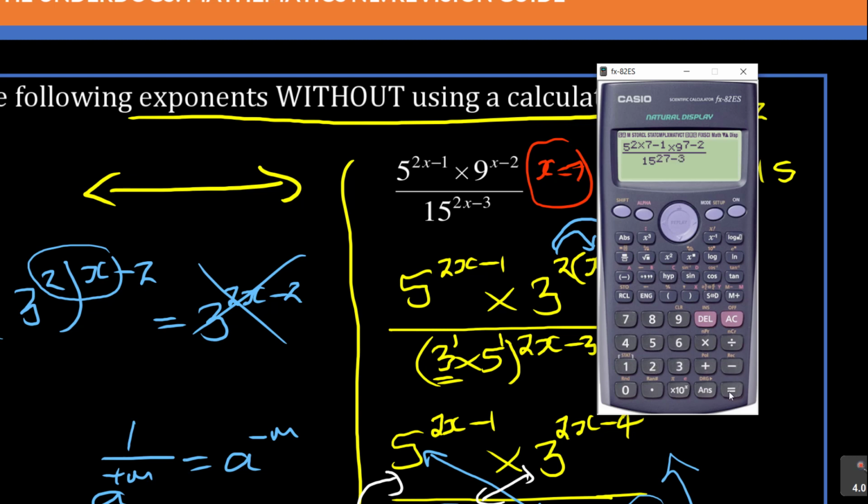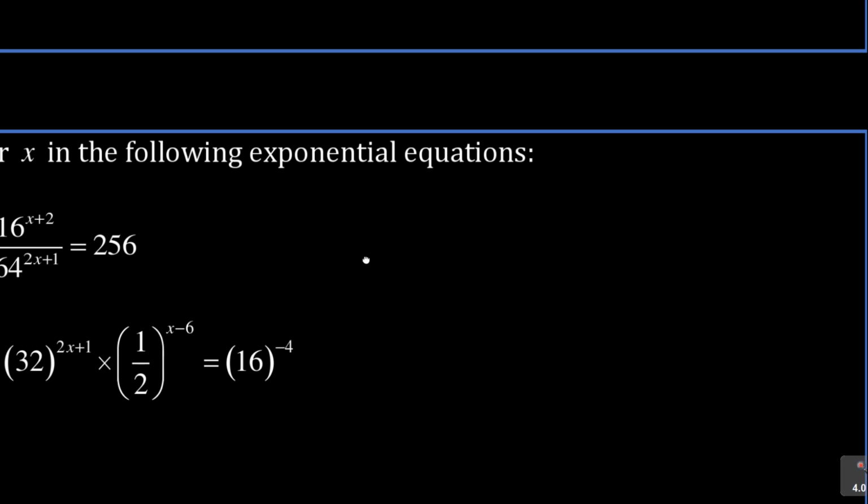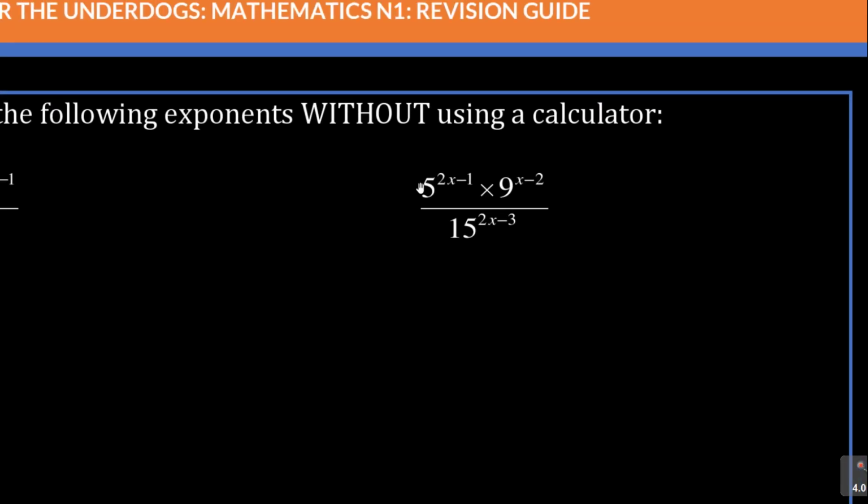It must give me 25 over 3. Did I do that right? Okay, let me check. I see the error there. It's 2 times. There it is, 25 over 3. So guys, this is what makes you more assured of your answer. Now, that was the multiplication.